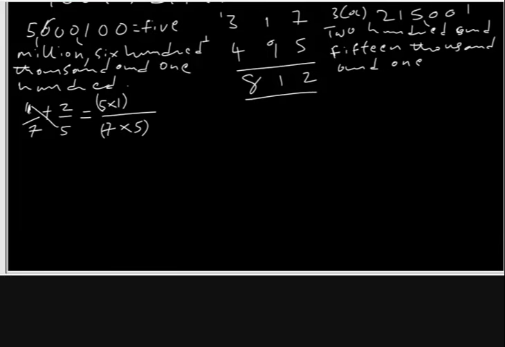Plus, we do this one, 7 times 2. So it will be equal to 5 times 1 is 5 plus 7 times 2 is 14, divided by 7 times 5 is 35.